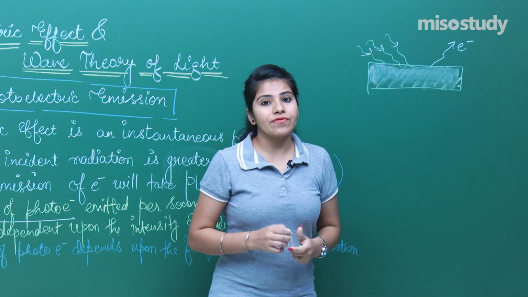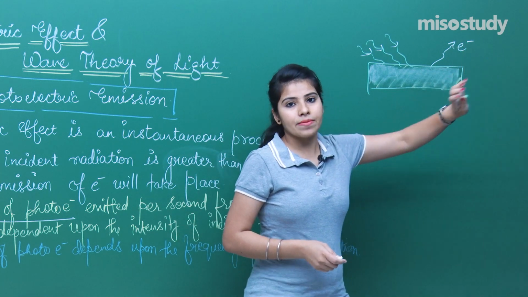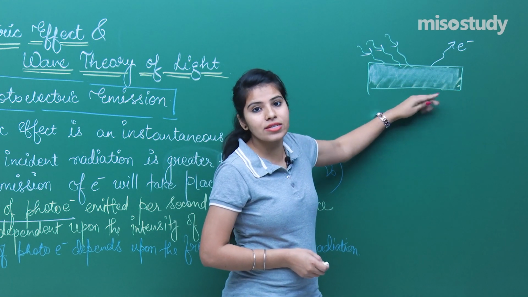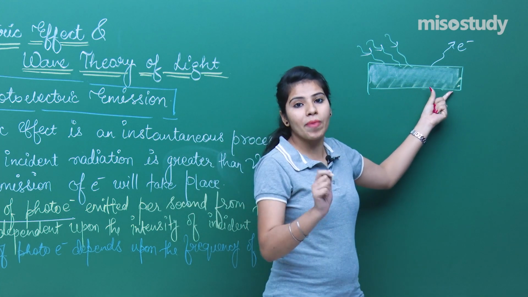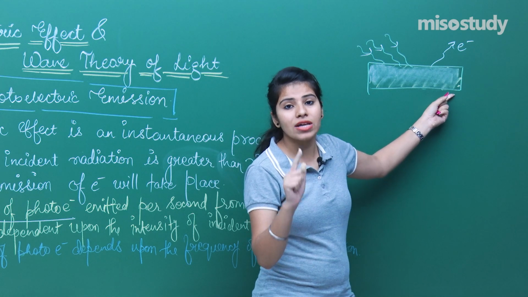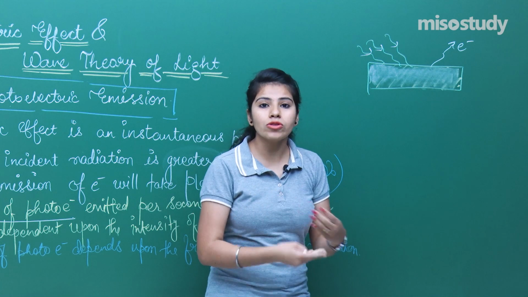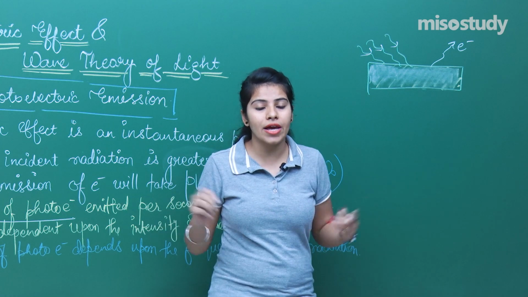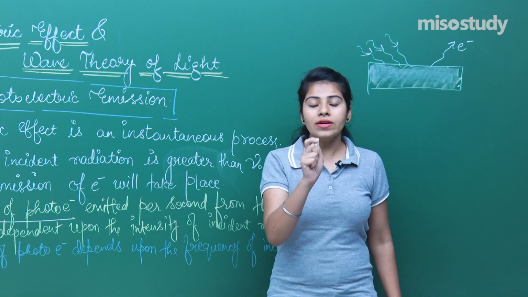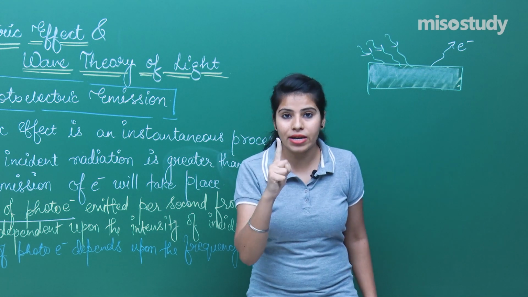Here in the photoelectric effect, we see that with no time lag, all the electrons start emitting. But if light is of wave nature and is falling over the surface, the energy is absorbed by all the electrons. So if I talk about one single electron, it will get very much less energy, isn't it? Because now the energy is transferred to all the electrons. Earlier in the photoelectric effect, we were saying that one photon is absorbed by one electron.